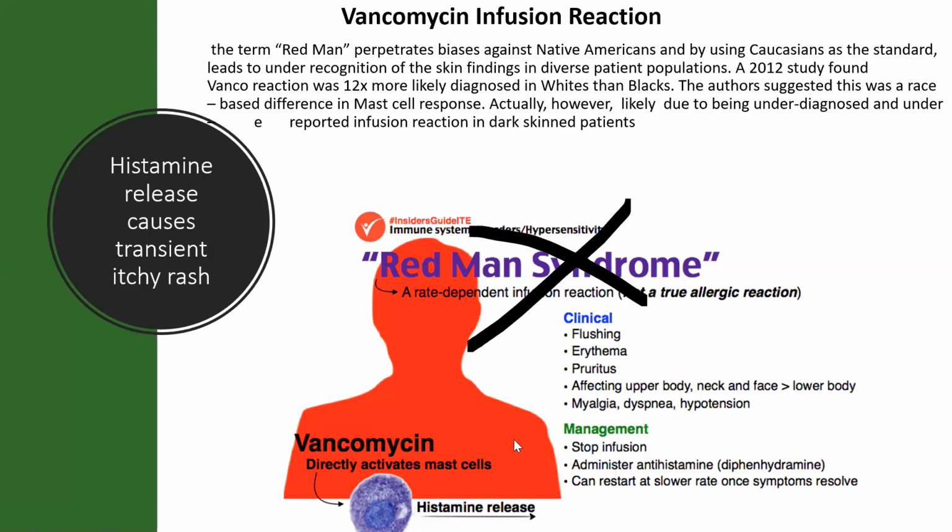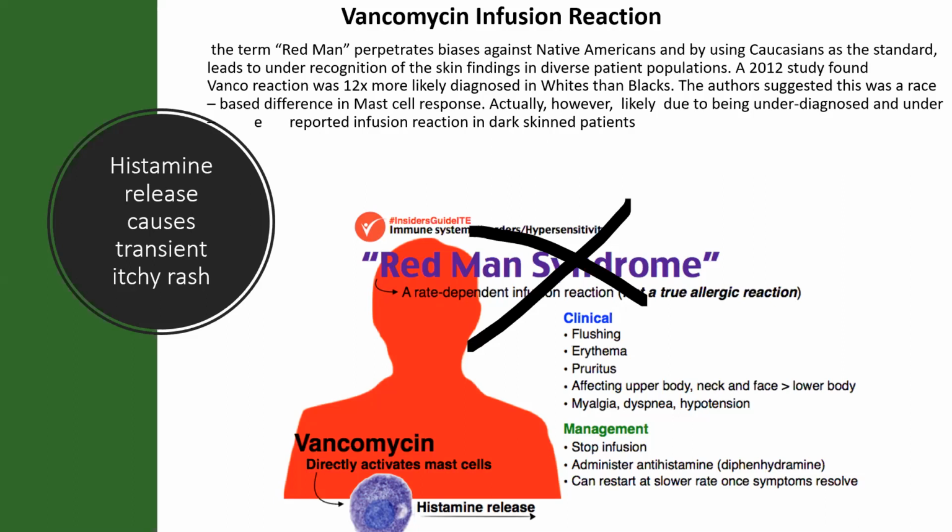And so, first of all, two things about this. First, besides being derogatory, red man syndrome doesn't apply to people who have dark complexion. There was a study in 2012 where they studied the diagnosis of, quote, red man syndrome in whites, and they compared it to blacks, and they found it was 12 times more likely diagnosed in whites than blacks.